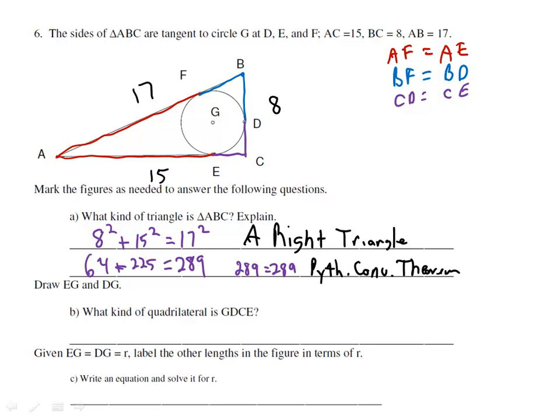What kind of quadrilateral is GDCE? We drew EG and DG. Those are radii of the circle, so that's R. And this is a square.